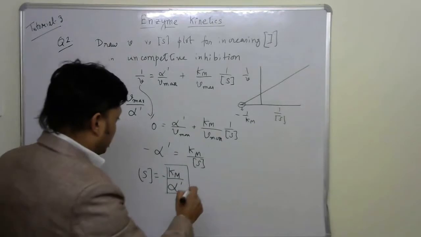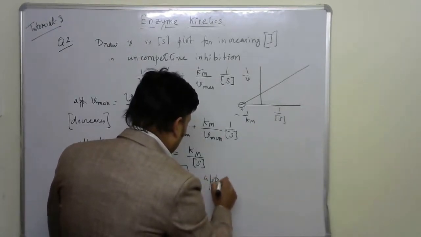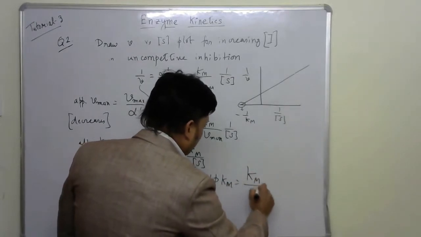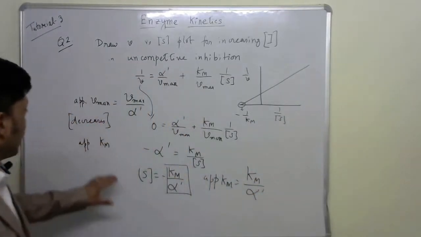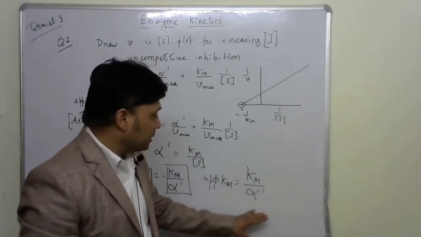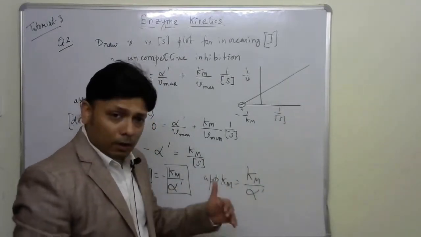So in this case, the apparent Km becomes Km divided by alpha prime. Once again, like Vmax, with increasing value of I, alpha prime increases and therefore the apparent Km value decreases.